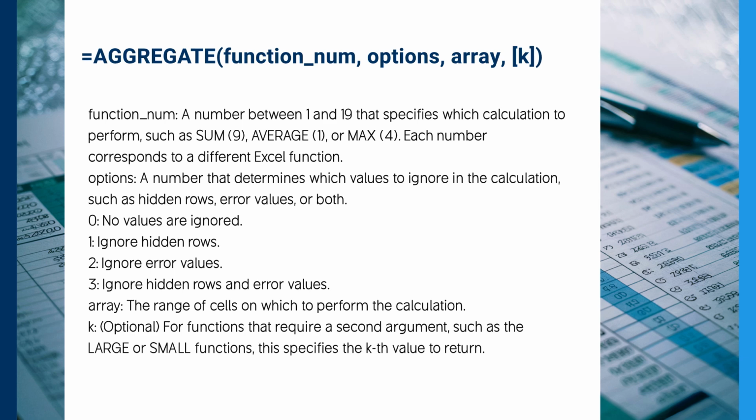Options, a number that determines which values to ignore in the calculation, such as hidden rows, error values, or both. 0, no values are ignored. 1, ignore hidden rows. 2, ignore error values. 3, ignore hidden rows and error values. Array, the range of cells on which to perform the calculation. K, optional. For functions that require a second argument, such as the large or small functions, this specifies the kth value to return.